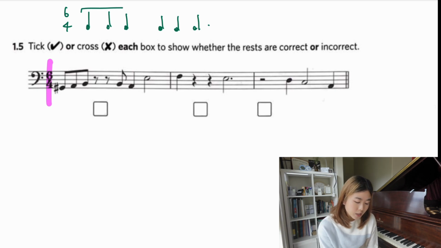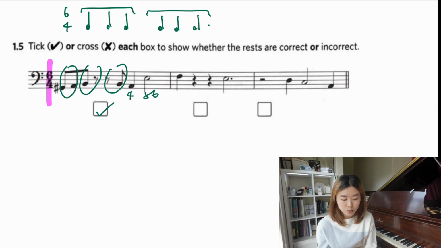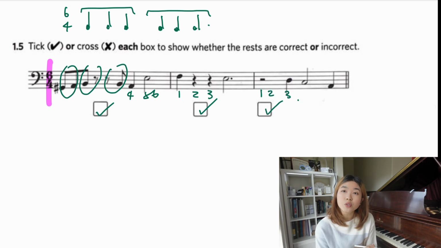They should be grouped in 2 groups. Okay, and then let's look at the question. So this is the first quarter note, second, third, 4, 5, and 6. Okay, pretty nice. They shouldn't group the rest together. And 1, 2, 3. Okay, this is correct. And 1, 2, 3. This is also correct.